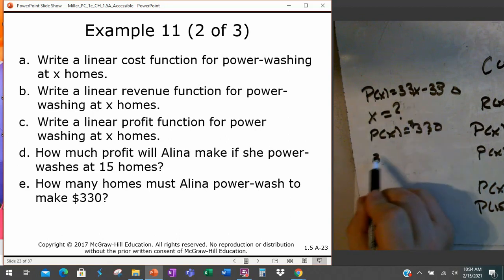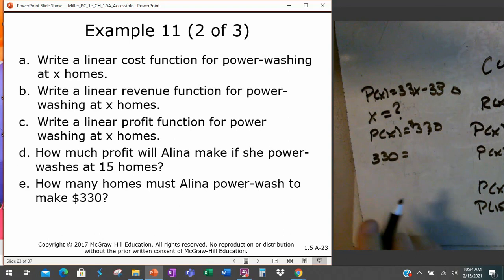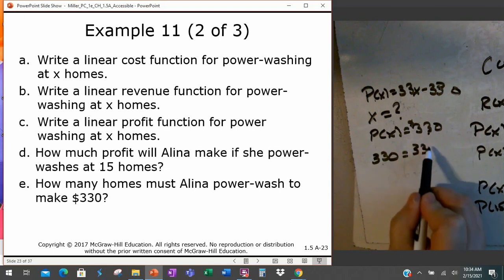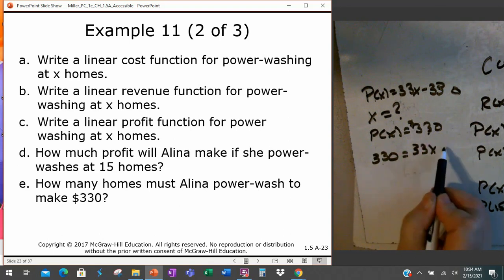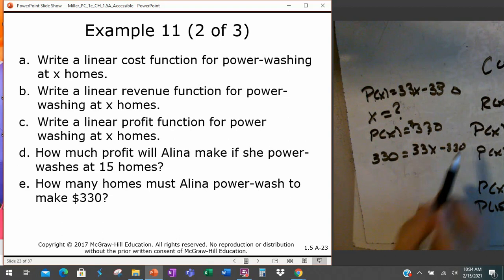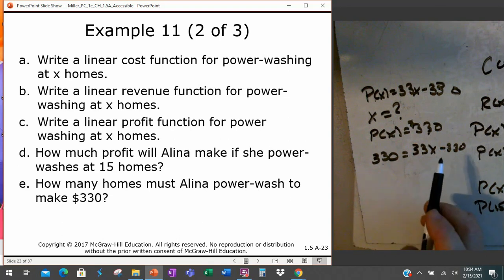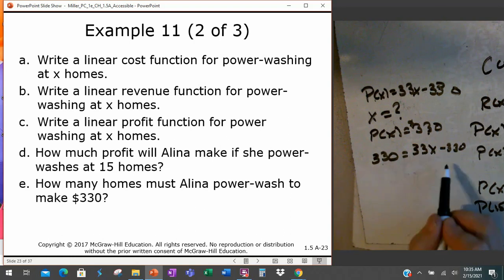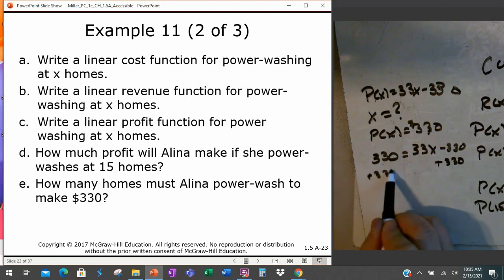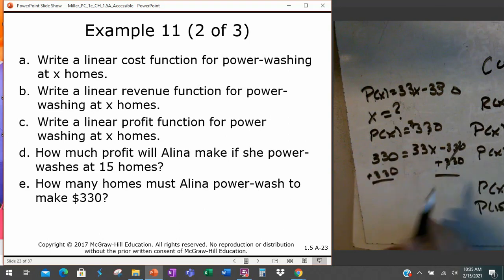So my 330 is my profit: 330 equals 33 times my X, which I don't know yet, minus 330. So I made 330 profit, add that to both sides. That goes out.